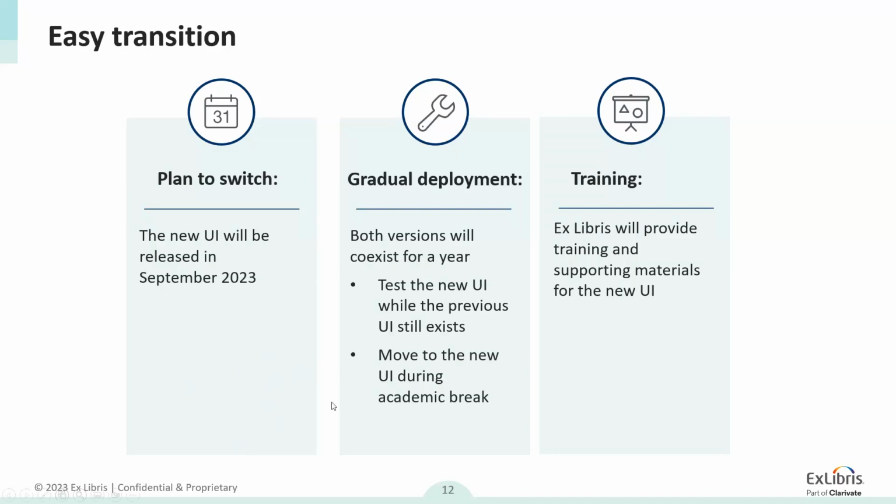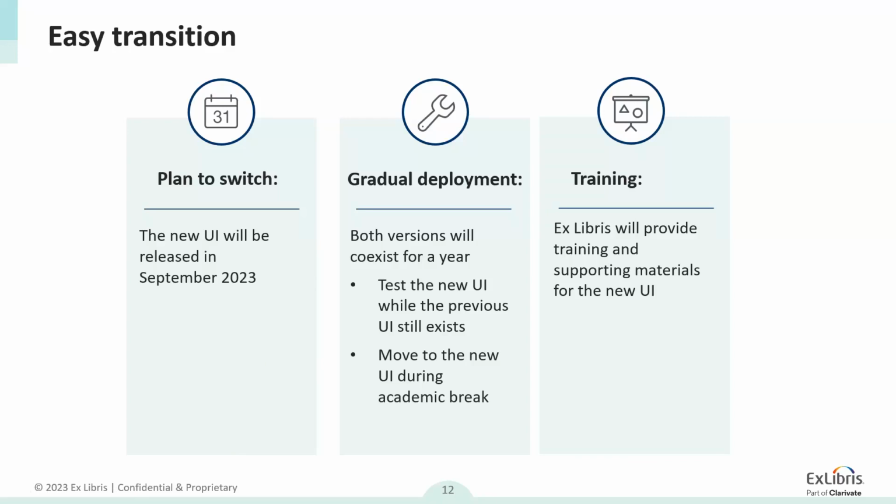Still, plan ahead and plan to switch. It is something that we expect from you, and you will not have this new UI available after a year. We will have it only for a year, so we want you to switch within this year and not after it. Again, we encourage you to plan to switch to the new UI.